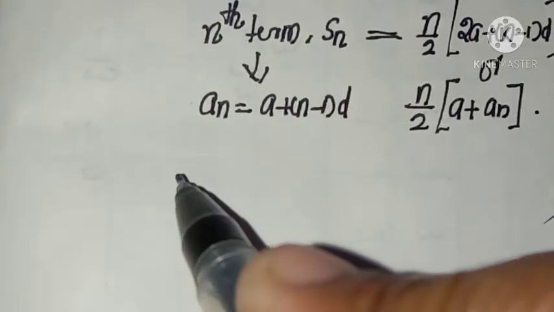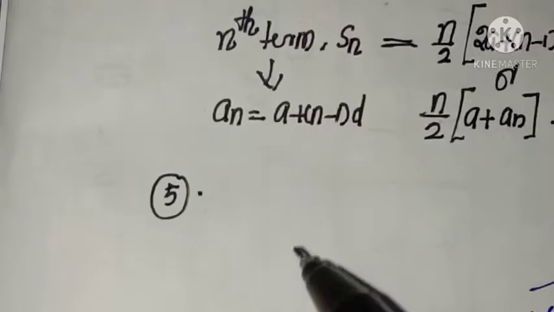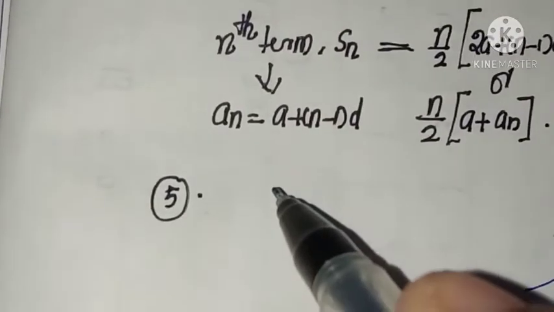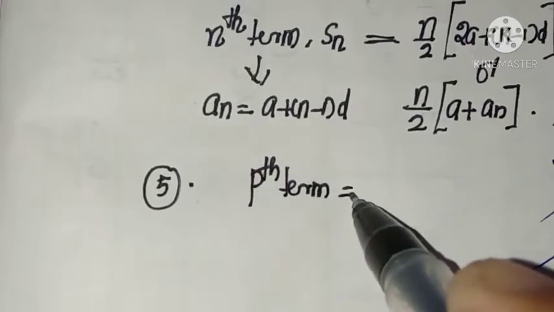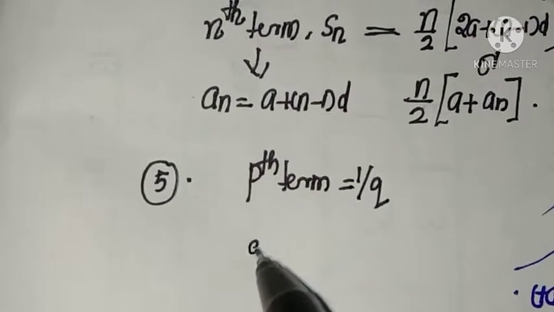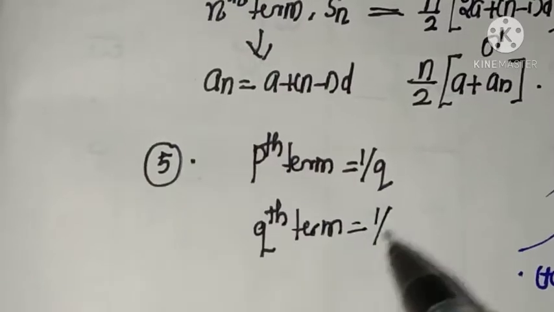So listen, question number 5. In the question, it is given that in an AP, the pth term is 1 by q and the qth term is 1 by p.